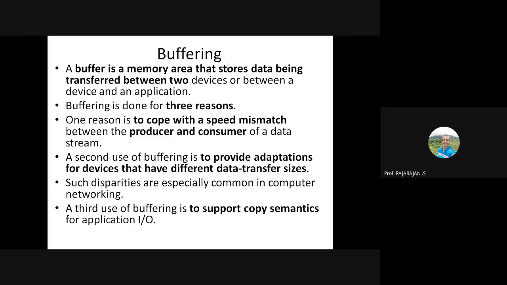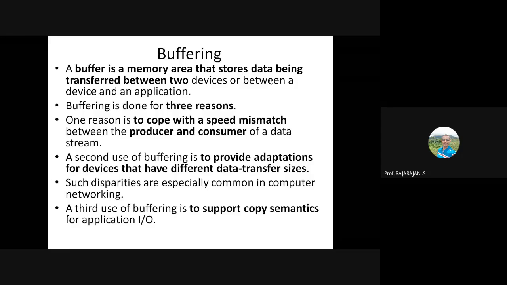Instead, it gets buffered into a memory region called a buffer, and from the buffer it goes to the printer. There are three reasons for using a buffer in a data transfer between two devices. One is to cope with the speed mismatch.